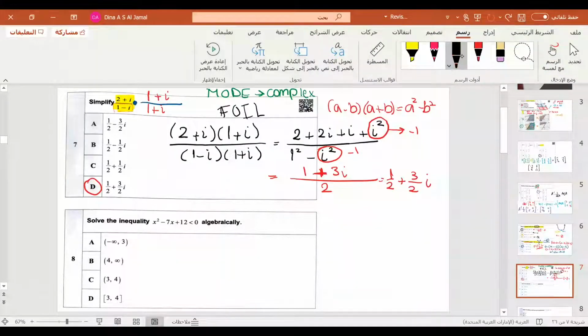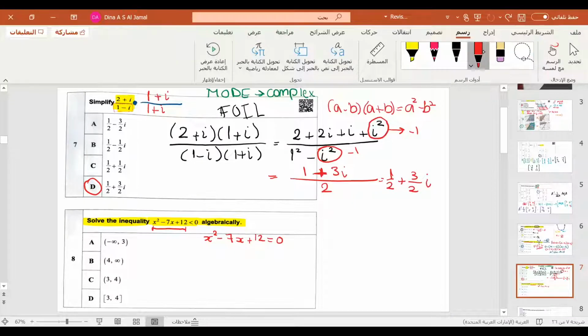Now, let's think of this question. Solve the inequality algebraically. First of all, you have to think of what the roots of this quadratic inequality are if we have it equal to 0.